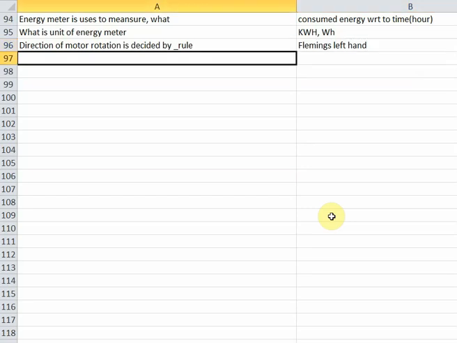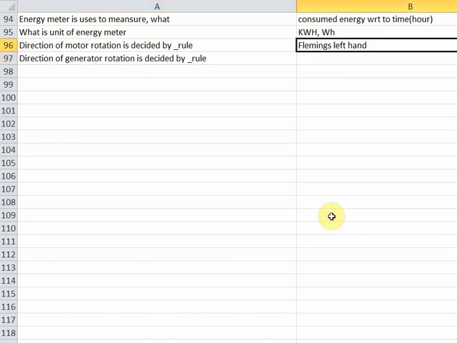Okay, for a generator, the direction of rotation is decided by Fleming's right hand rule.